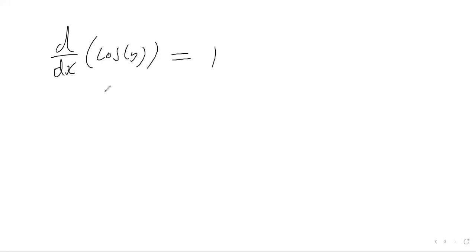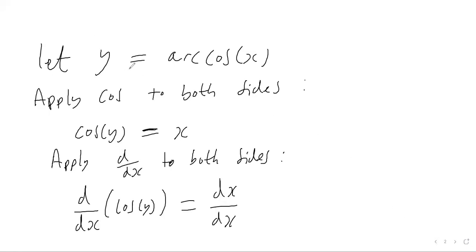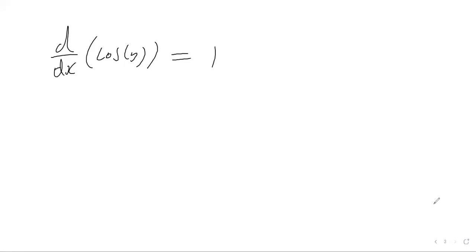Now we have to use a bit of chain rule or implicit differentiation on the left-hand side. We've got cos, which is a function, and y, which is a function of x, namely arccos of x. So we've got a function of a function, cos of y of x.